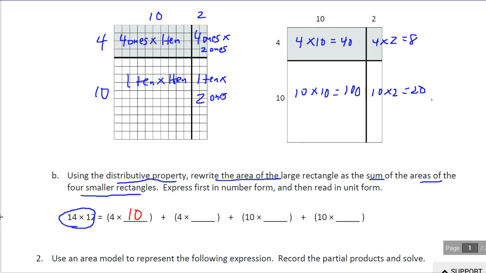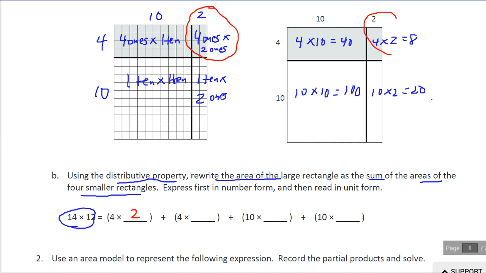We can do 4 times 10 or 4 times 2 first. Let's do the smaller one first. Let's go with 4 times 2. That's this section right here.